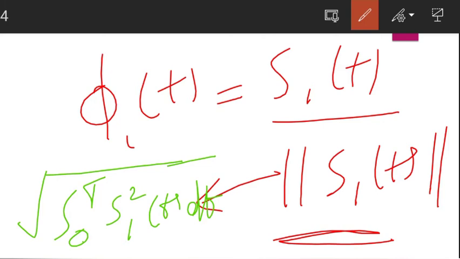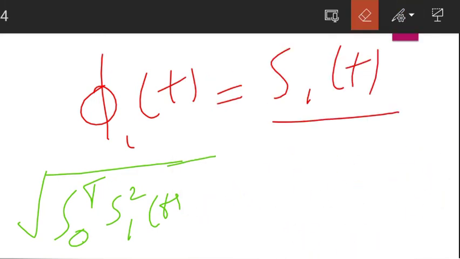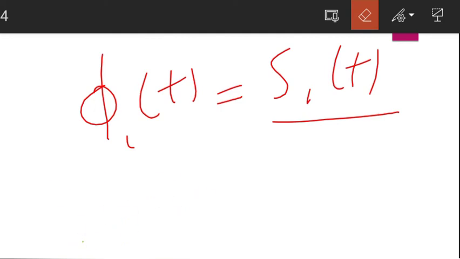Energy means root of E1, so we can replace that with root E1. From this we can say that phi 1 of t, the unit vector, is equal to s1 of t divided by root of E1.